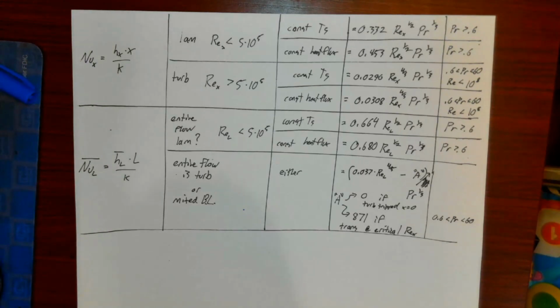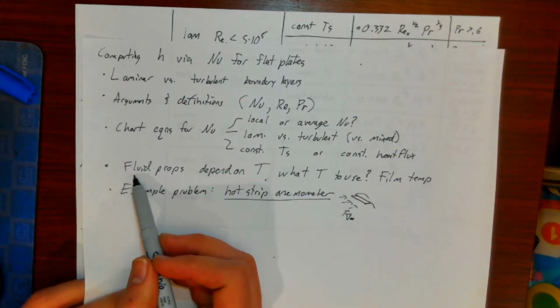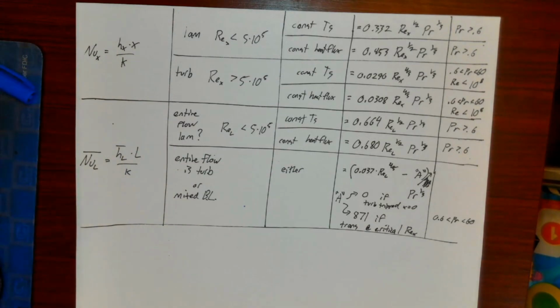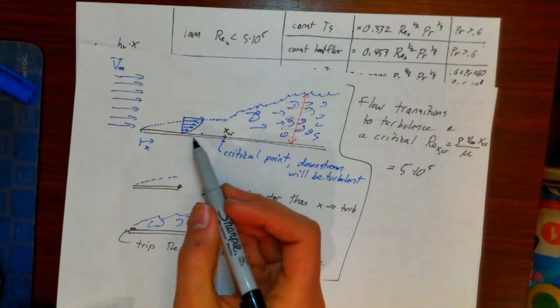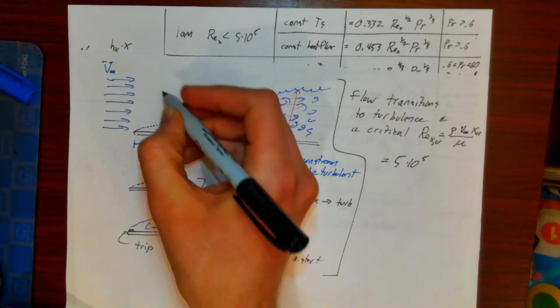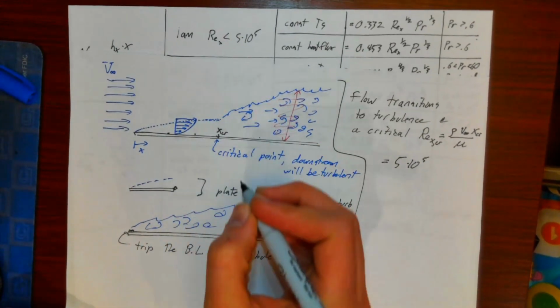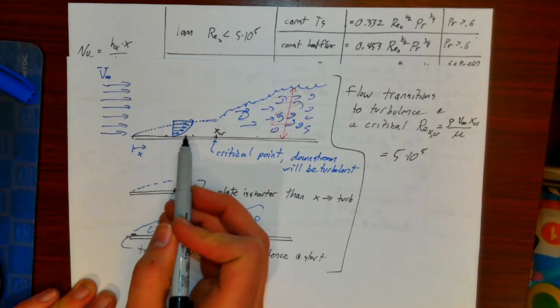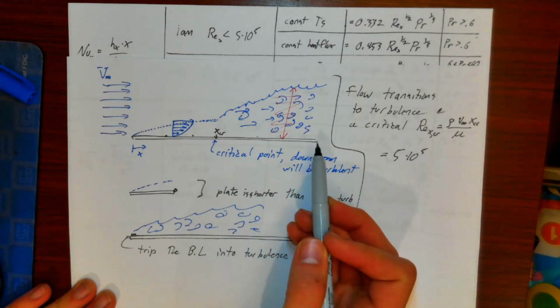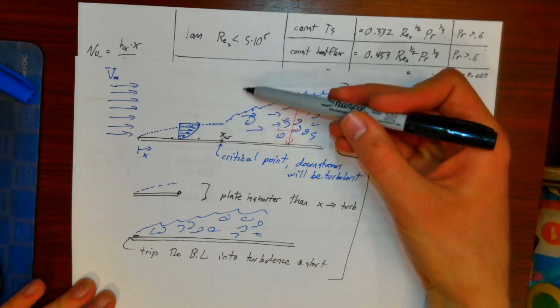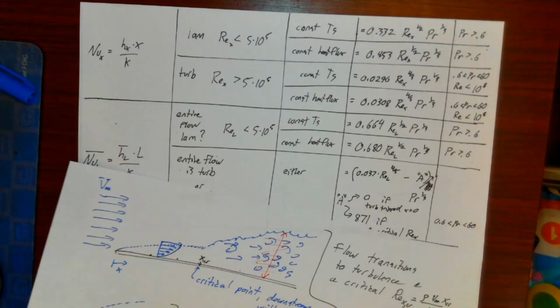Now, on to the last question we were going to talk about: all these fluid properties depend on temperature, so what temperature do we use? We anticipate that we're going to have some surface temperature that's different from the free stream temperature, and if we're doing the constant heat flux case, that surface temperature isn't even going to be constant across the surface, and is definitely going to be different from the free stream temperature up here.